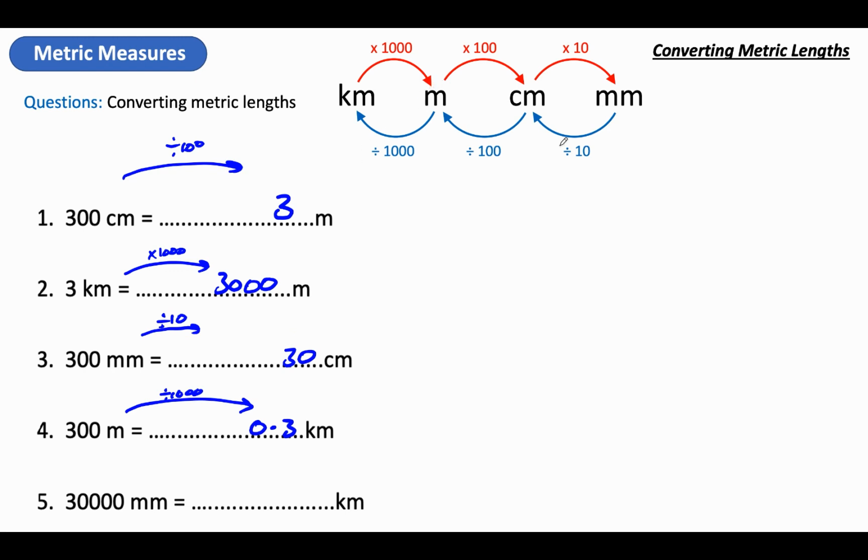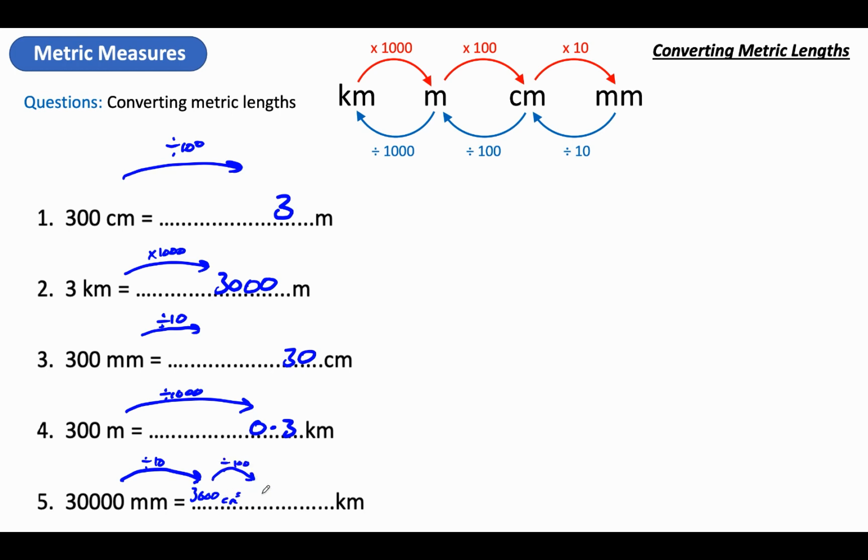Right, millimetres to kilometres. Ooh, okay, well actually, I'm going to cover this in just a minute on the next example. But what I do, and I'm going to show you that in a minute, is actually do a couple of jumps. I could do 3 jumps here. First of all, I'm going to divide it by 10. And that would be 3,000 centimetres. I'm then going to divide it by 100.